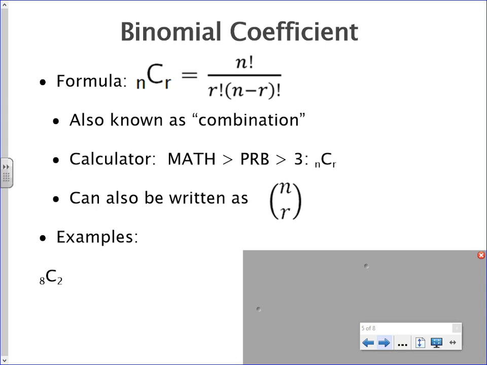On my calculator, there's a shortcut. You hit alpha, window, and then it pops up. If you have an 84, hit alpha window.